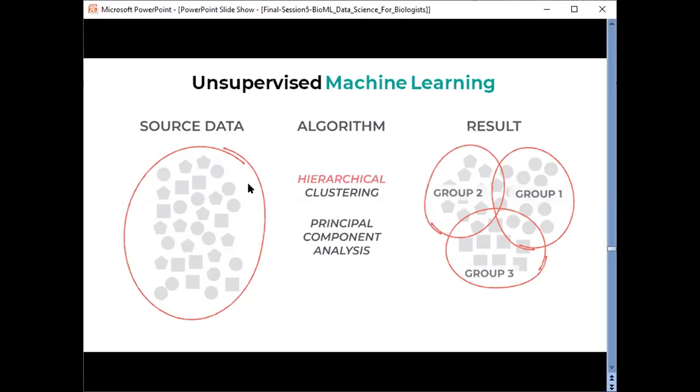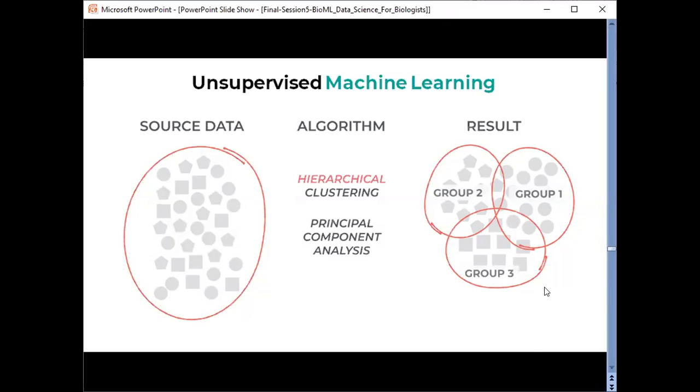For example, here we have squares, circles, and pentagons. The algorithm tries to understand these patterns, find the similar ones, and group them together.